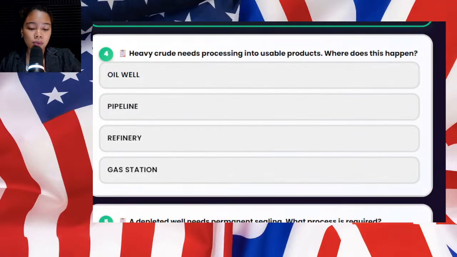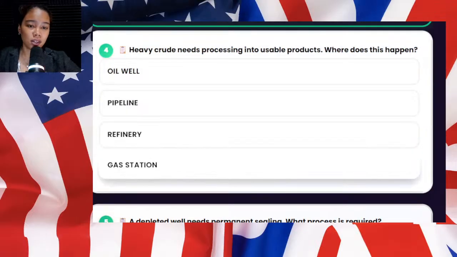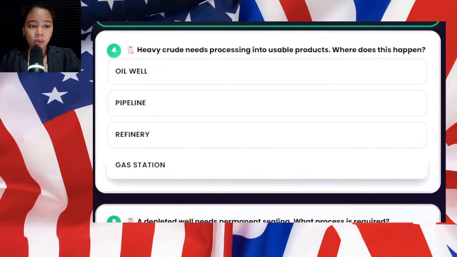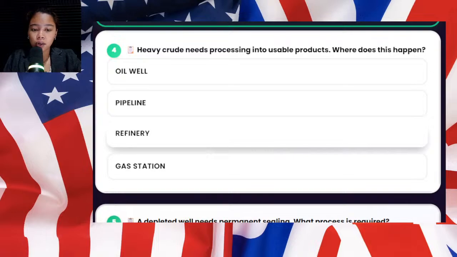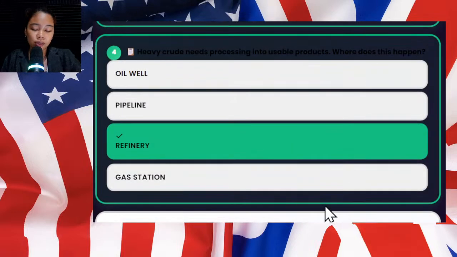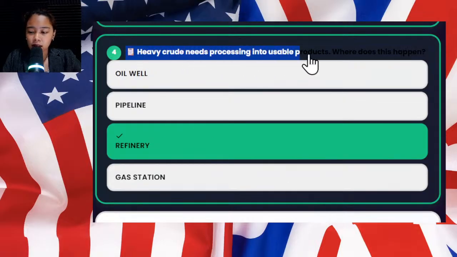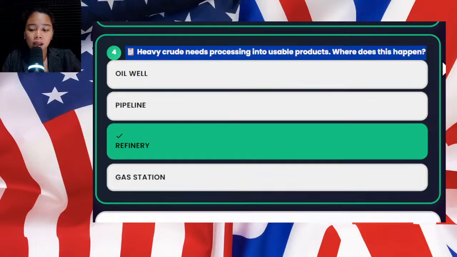Now we are left with one option, and that is refinery. So our answer is letter C, or the third option, refinery. Okay, that's correct. Refinery allows heavy crude oil to be processed into useful or usable products.